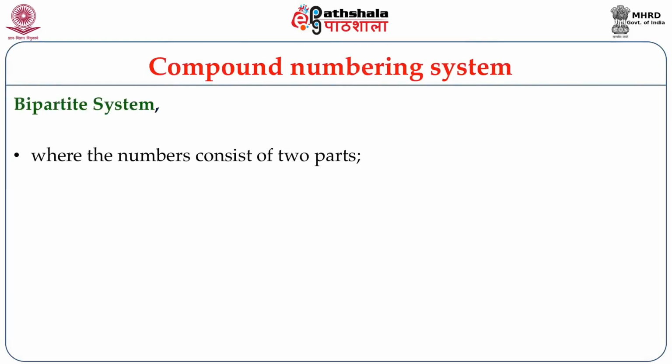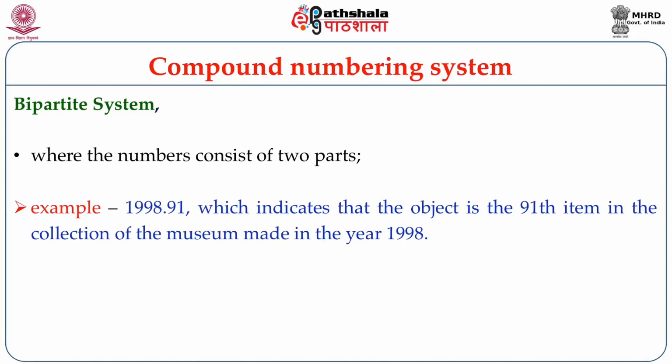The bipartite numbering system, where the number consists of two parts. Example: 1998.91, which indicates that the object is the 91st item in the collection of the museum made in the year 1998.